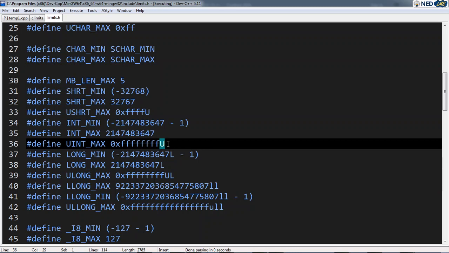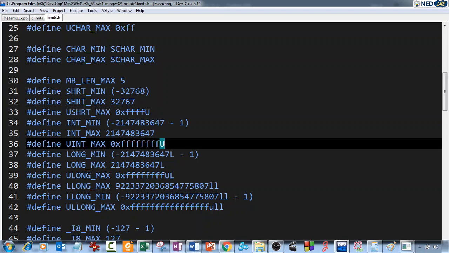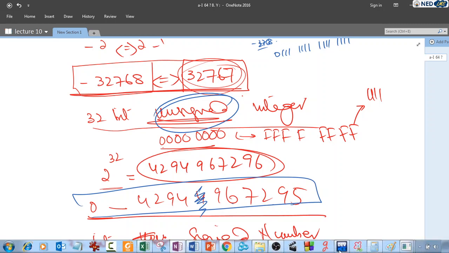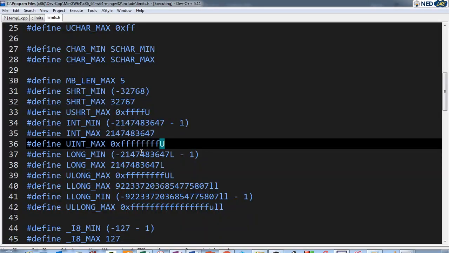So it can only have zero and positive values. This is actually equal to 4 point something billion, 4.294967295 billion, and this is a way of writing really large numbers. 0x means that the number coming in is a hexadecimal number if you are trying to input a hexadecimal number.